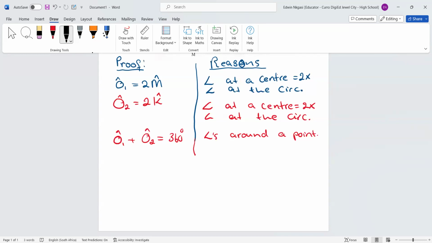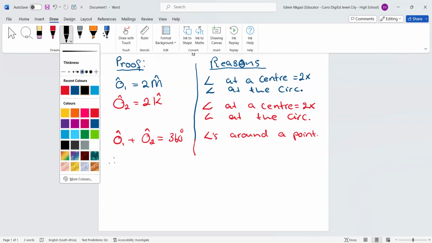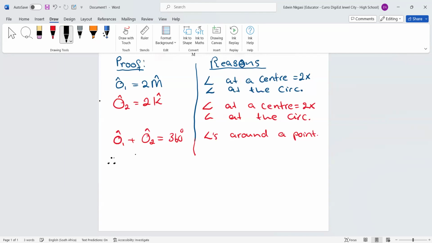Therefore, 2 angle m plus 2 angle k equals 360. Here you don't need to write any reason.